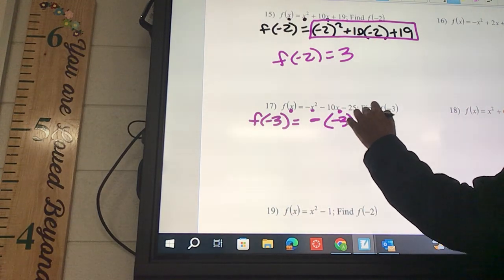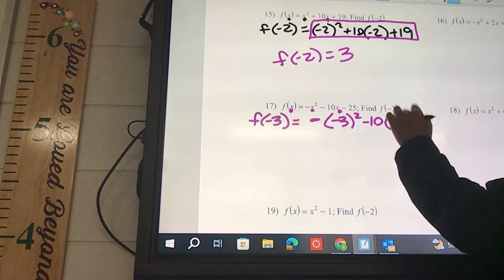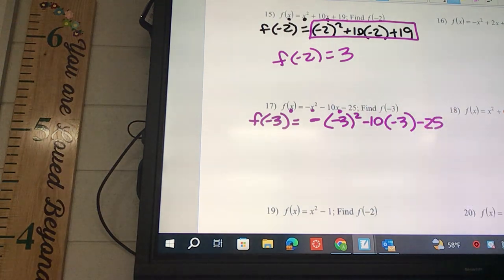Negative 3 squared minus 10 times negative 3 minus 25. Don't forget that very first negative or it's going to mess everything up.